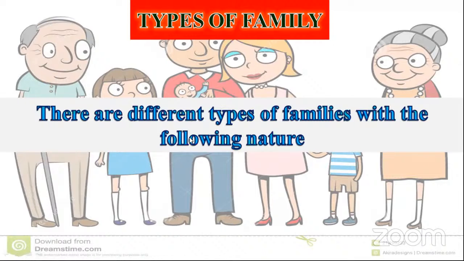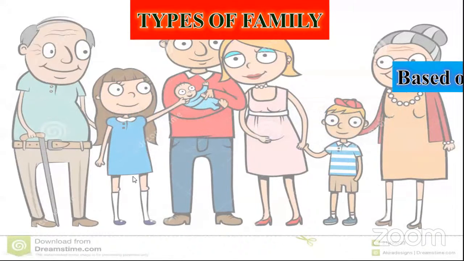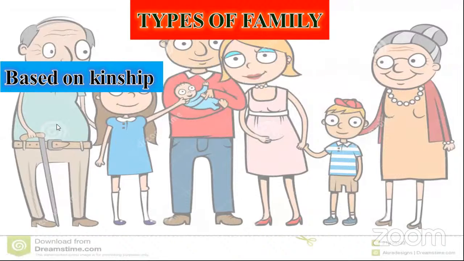and their grandchildren, children, they all live together in that joint family. But here, based on a few structures, they divide into different divisions based on the kinship, it means the blood relationship.